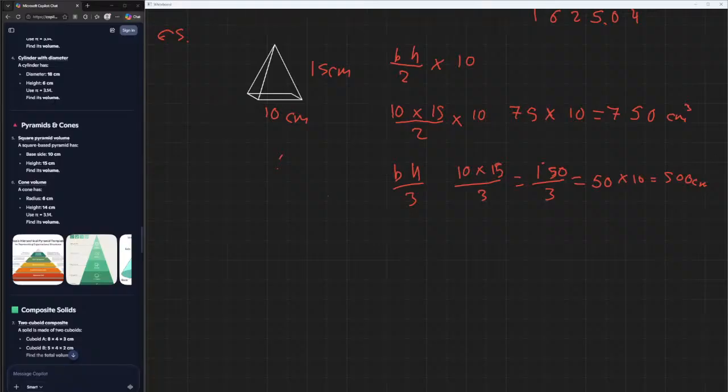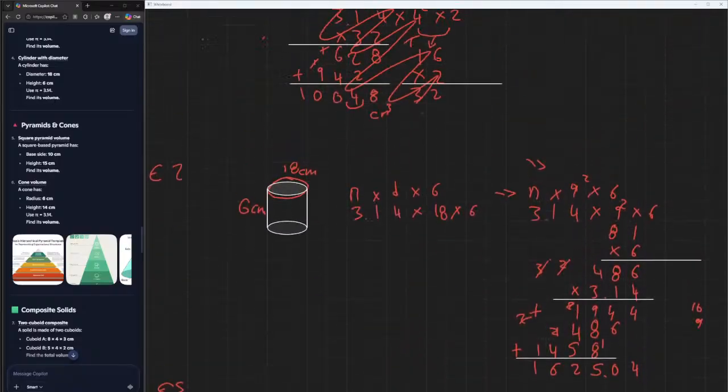And now we go to question 6. So now we have the cone. Let's see, can I remember the cone? So the radius is 6, and there's a height of 14.